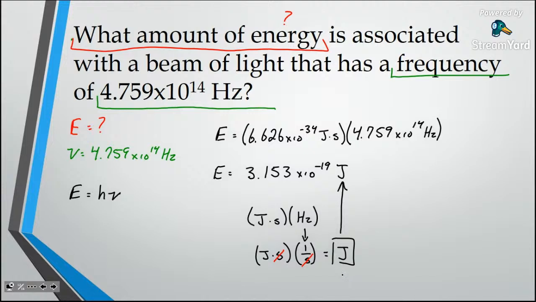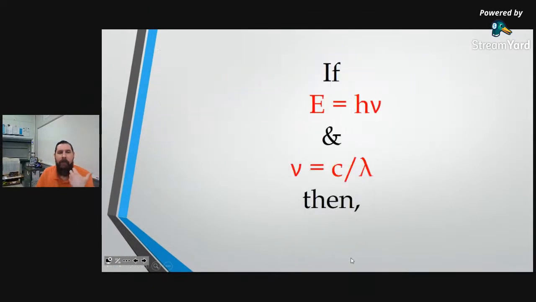So that's the most straightforward working of Planck's constant equation for energy. But we can do another rearrangement, because if energy equals h nu, and as we saw previously, nu equals c per lambda, then E equals hc per lambda, which means we don't have to be given a frequency to work these problems.